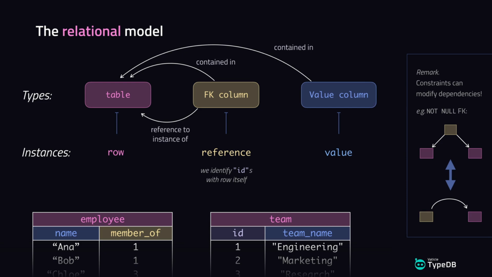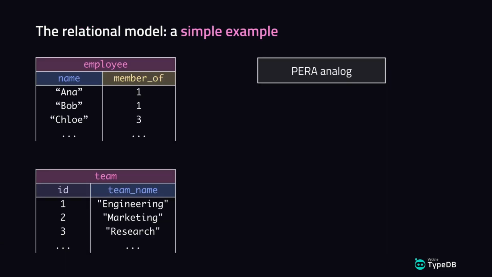With the types and instances defined, let's look at a simple example of the relational model. So let's look at a two-table example, a variation of an example that we've seen earlier. So we have employees on one hand and then a table of teams on the other. Employees have now not only names, but they also have a foreign key column which references a row in the team table.